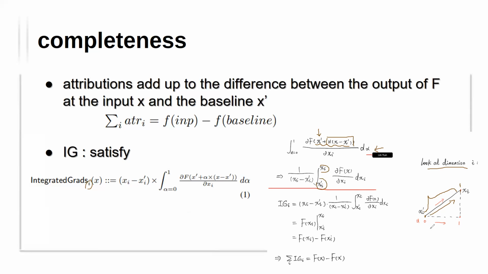Because alpha starts from 0 and ends at 1, if we replace it with x, I think we need to divide it by xi minus xi prime, the length of the path. I once discussed this formula with Ruofan as well.